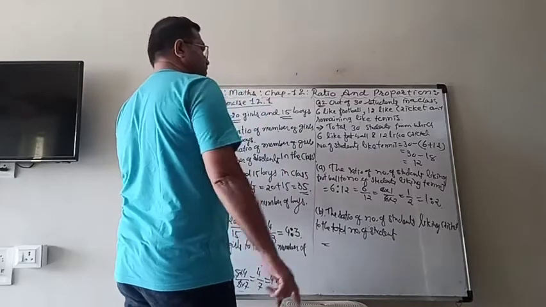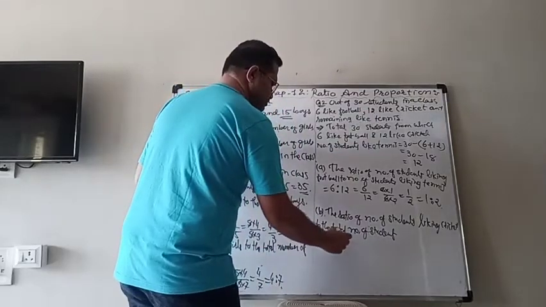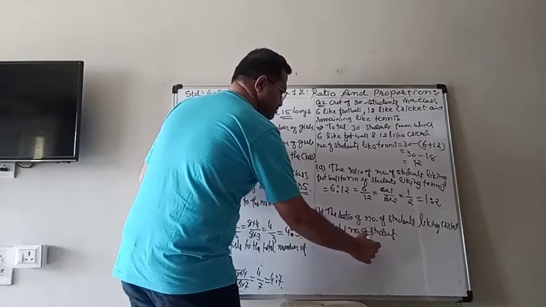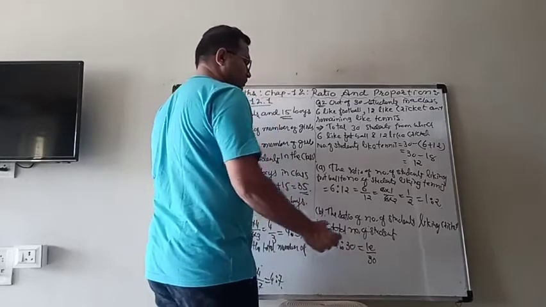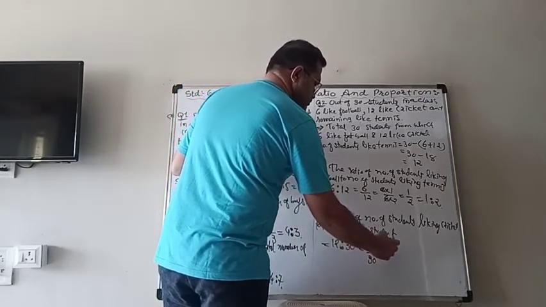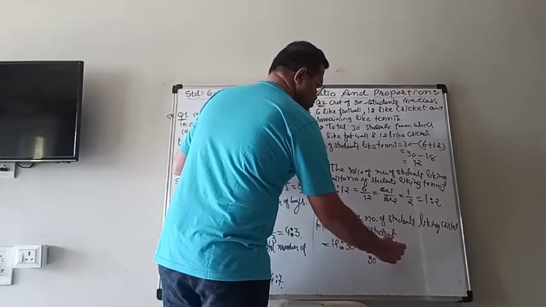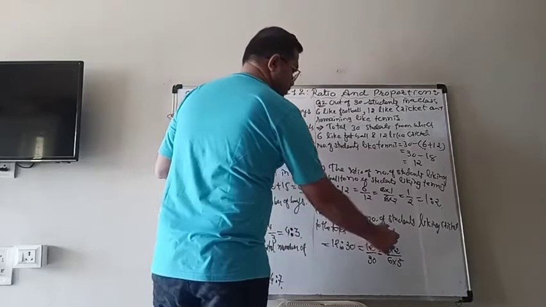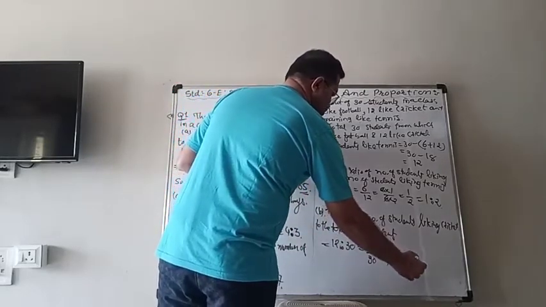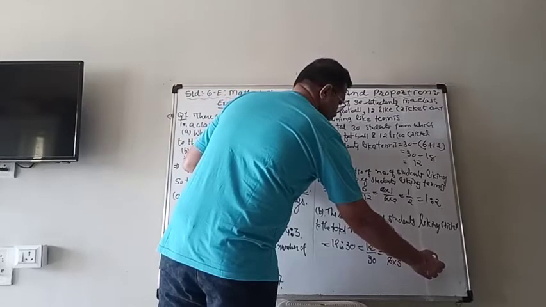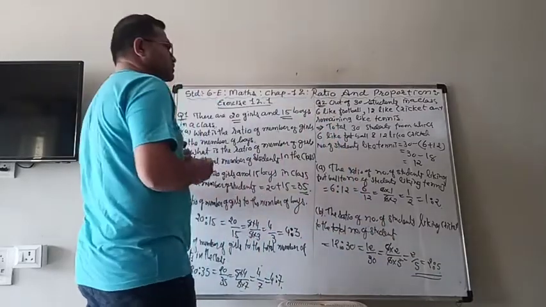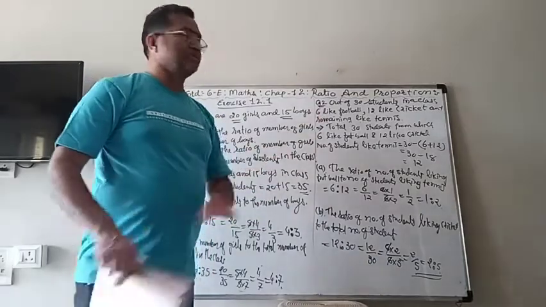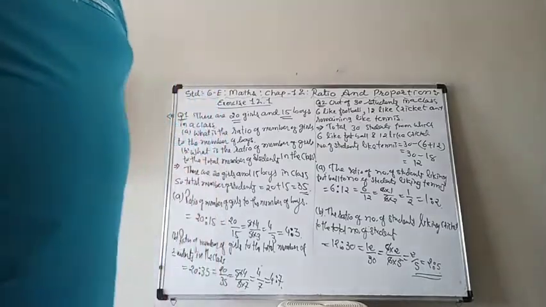So 12 like cricket, and the total number is 30. So 12 is to 30. You can write it as 12 upon 30. Then 6 twos are 12, 6 fives are 30. So 2 upon 5, so the ratio is 2 is to 5. If you know the situation, it is easy to find the ratio like this.